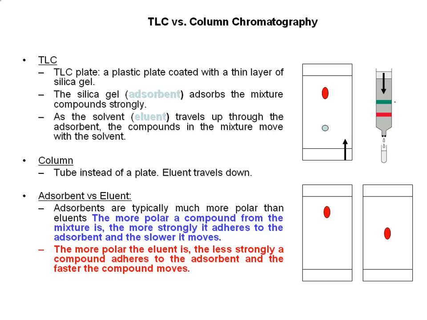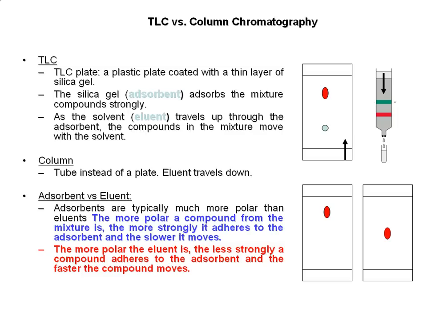So some differences in TLC, you're actually watching the solvent go upwards. It actually moves upwards, and in the column you're moving things down. So you're moving in opposite directions when you're using TLC versus column chromatography. In TLC, you're going to use a plastic plate coated with a thin layer of silica gel.